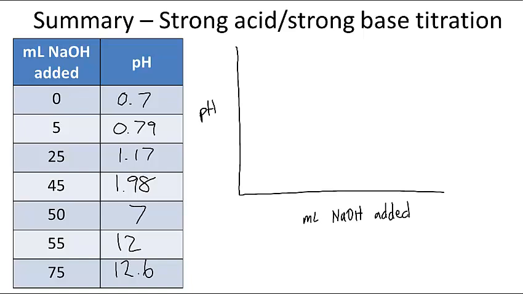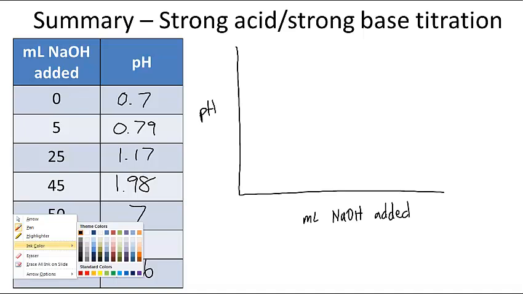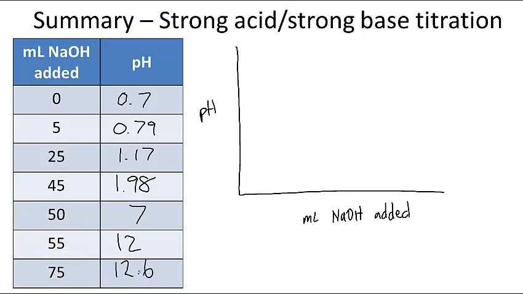Well, when we started out, pH was low, and it was kind of increasing slowly, slowly, slowly. And then we got to right around 50 milliliters, and what happens?